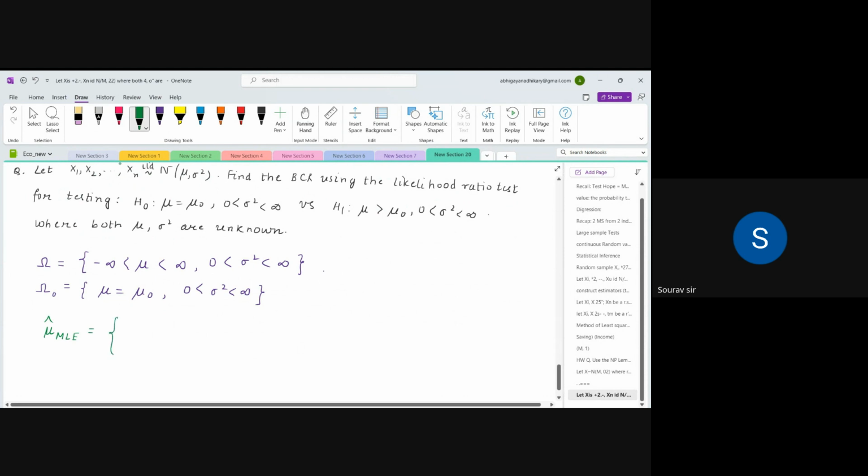It would be x bar if mu is greater than or equal to mu naught, and it would be simply mu naught if mu is less than or equal to mu naught.